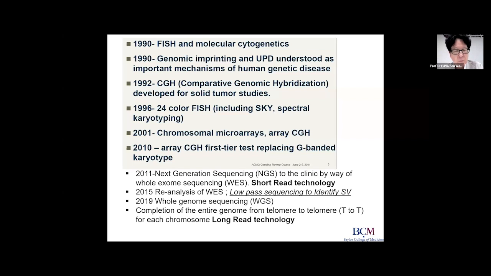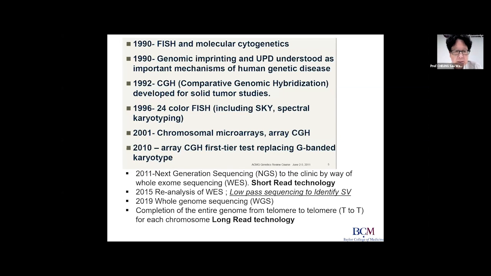In 2001, chromosome microarray began to be studied, but it was not until 2004 that we were the first laboratory to bring chromosome microarray analysis, CMA for short, into the clinical laboratory.